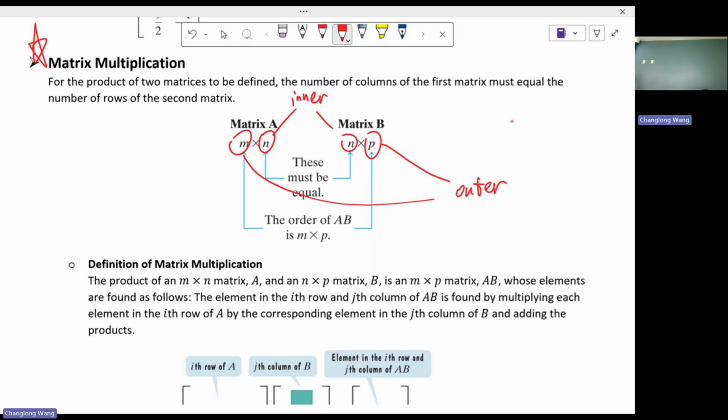Matrix A goes first, right? And I also need to identify the inner and outer indices. Since the two inner indices are the same, they got contracted. When I say contract, that means they're gone, they're eaten up. What you're left with, once you multiply matrices A and B, is a new matrix of order m by p. So there will be m rows and p columns. You see that the outer indices survive.